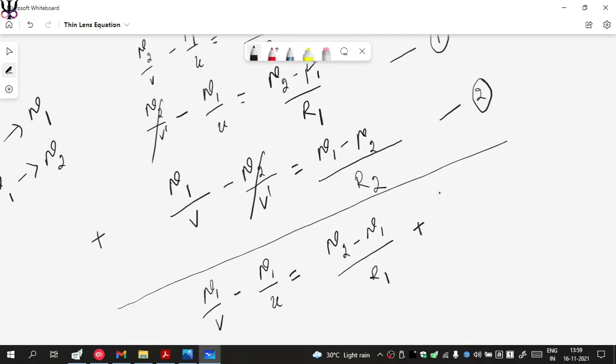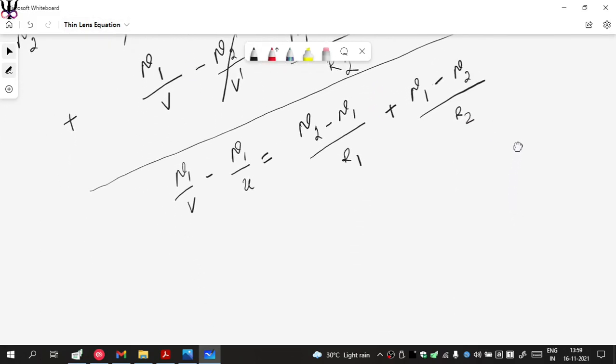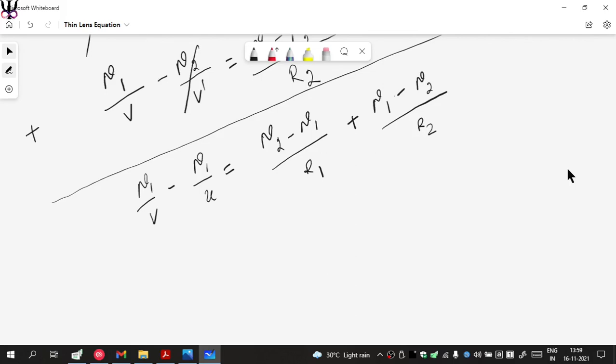plus mu1 minus mu2 upon R2, right? After we add these two equations, on the left hand side you can take mu1 as the common factor and write 1 by V minus 1 by U. On the right hand side, again mu2 minus mu1, and here it is mu1 minus mu2, which is minus of mu2 minus mu1, so you can take mu2 minus mu1 as the common factor.